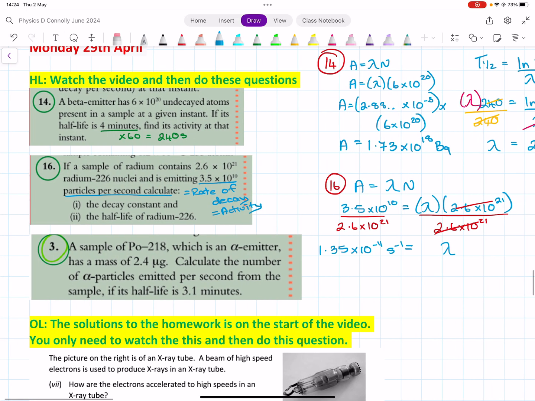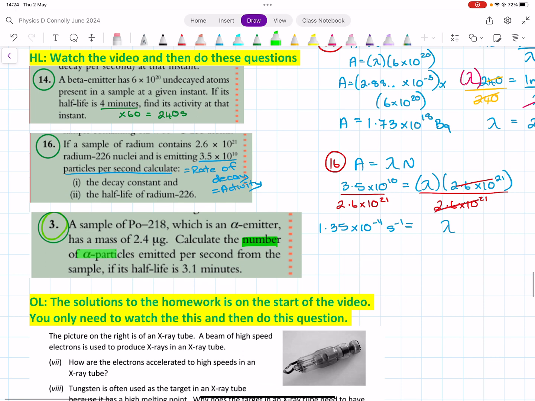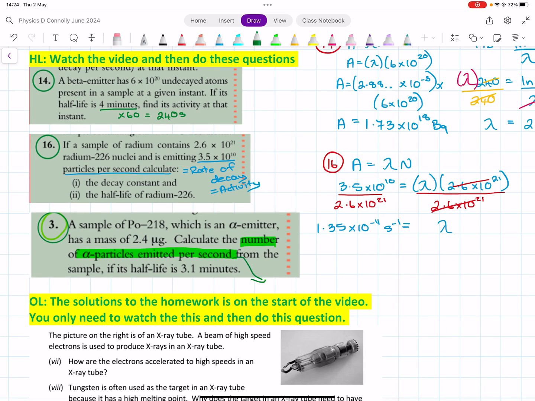Okay. Calculate the number of alpha particles emitted per second. The number of alpha particles emitted per second is again the rate of decay, or the activity.